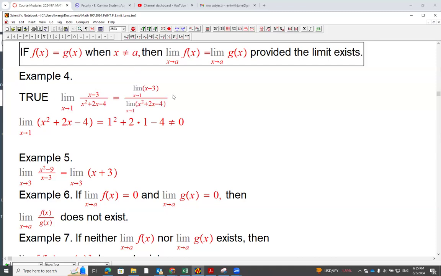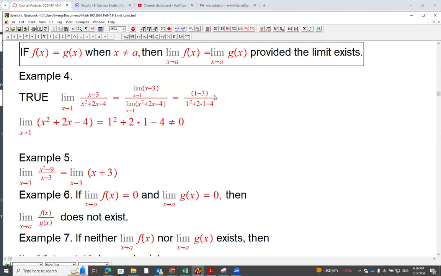This is true. And what does it equal to? We can just directly substitute on the bottom. And on the top, we can do direct substitution as well.